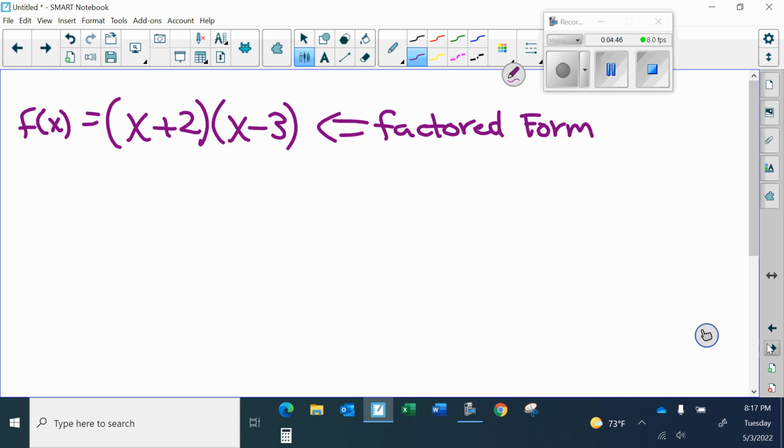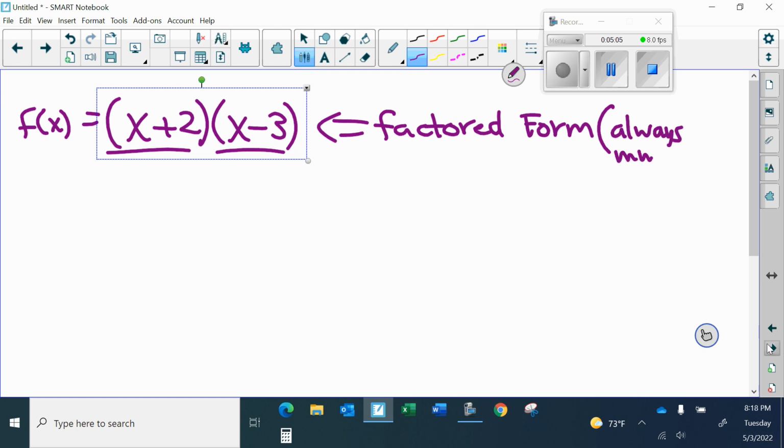If you've done a quadratics chapter, if not, you're learning it now. When I have parentheses and like a binomial and a binomial, these are factors. Each one of these is a factor. And factored forms are always multiplied together. Always multiplied together. You can't have something plus at the end. It's got to be multiplied together.